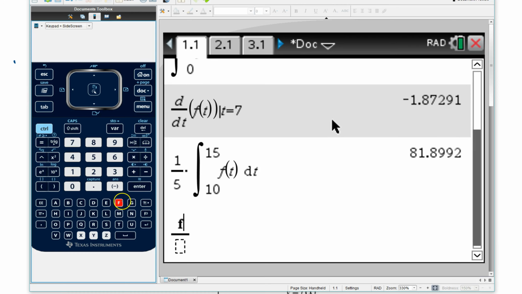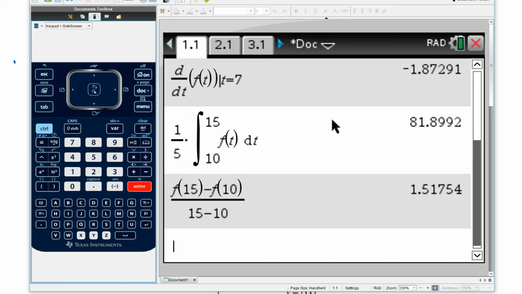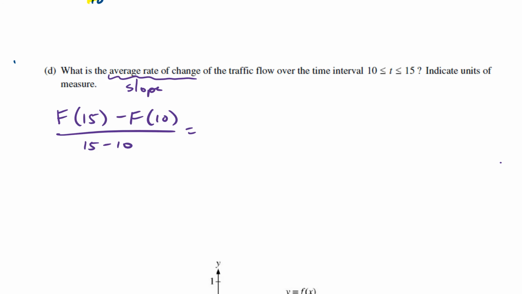I'm going to get a fraction there. It's going to be f of 15 minus f of 10 over 15 minus 10, and I get 1.518. And we need units again.